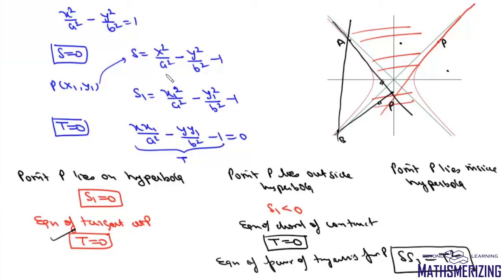So we already have this expression S, we have this value S1, and then we also have this expression T. So if we write SS1 equals T square, it will give us equation of pair of tangents drawn from this point P, which lies outside this hyperbola. And if the value of S1 is greater than 0, in that case, this point, it will lie inside the hyperbola. We can also write equation of any chord of hyperbola with a given midpoint.